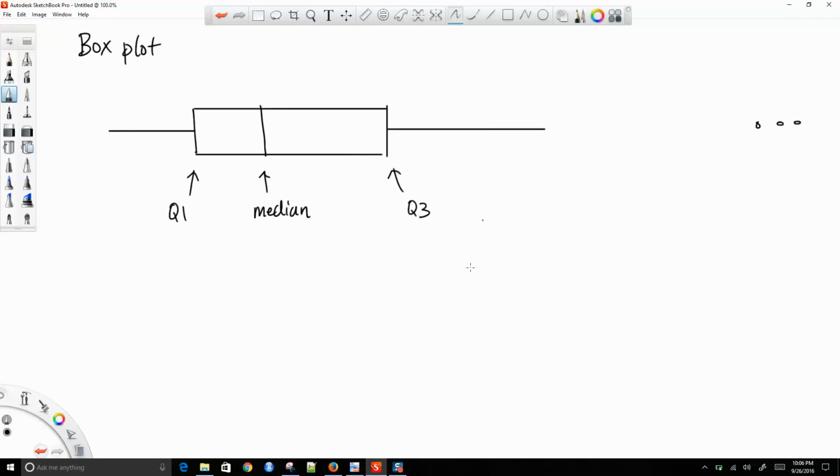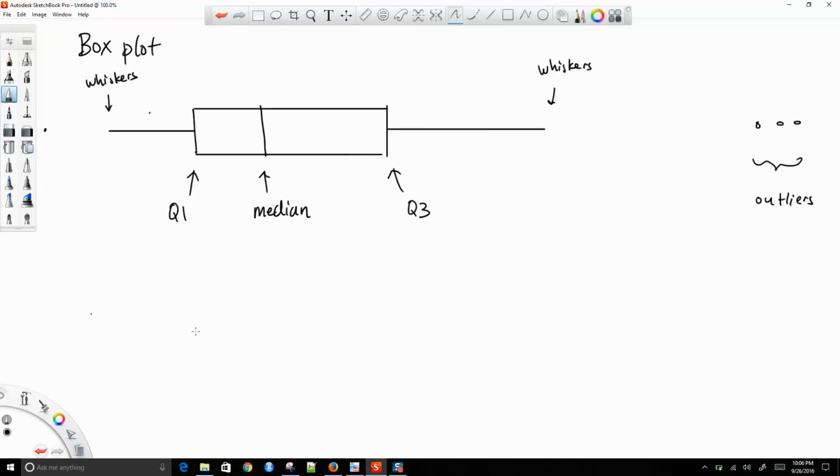Sometimes they put a little diamond to indicate the mean, but I would say that's non-traditional. The little lines that come out of it are called whiskers. And if there's dots out here, these are called outliers. You can also have outliers on the low end too.